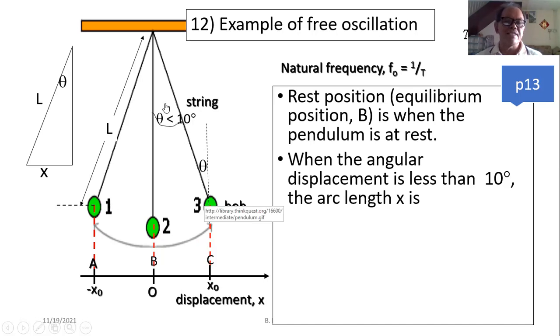Remember 10 degrees is a small angle. If the angle is 10 degrees, then this small arc there looks more like a straight line. That's the reason why we make it small.